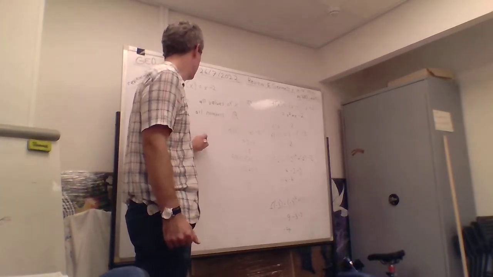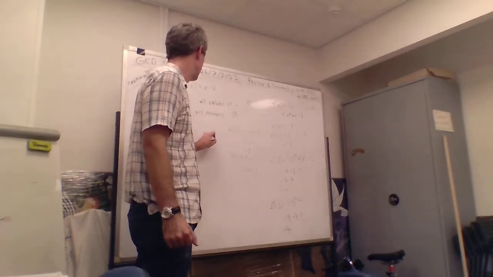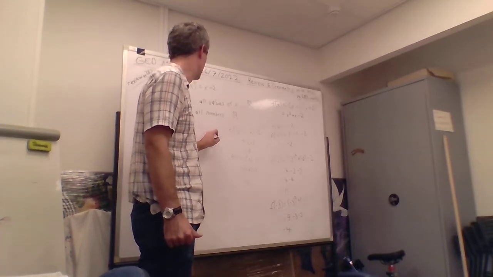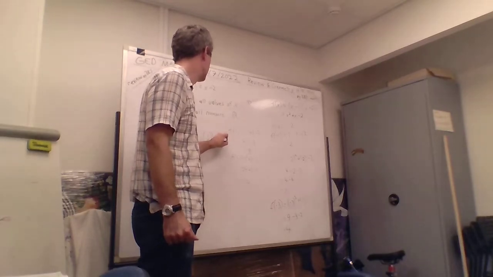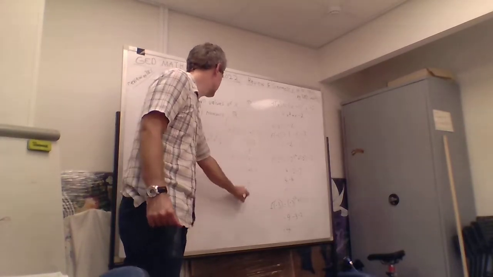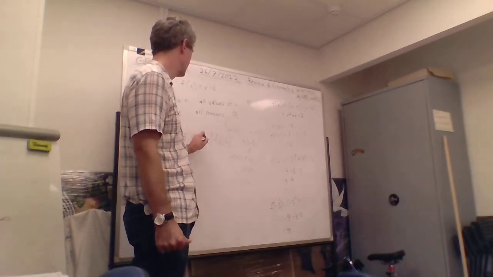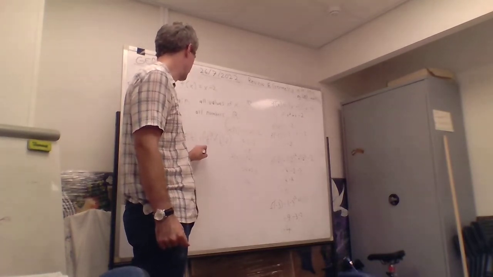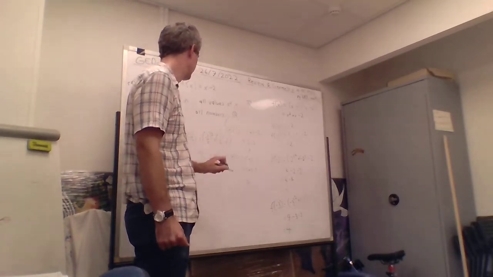So this is now negative 1 over 2 squared plus negative 1 over 2 minus 2. Oops, let me draw a line here. Okay? So this now equals, what's 1 over 2 squared? 1 over 4. 1 over 4 minus 1 over 2 minus 2.